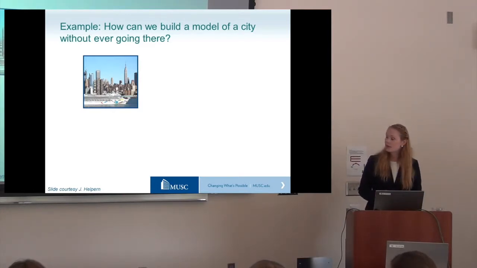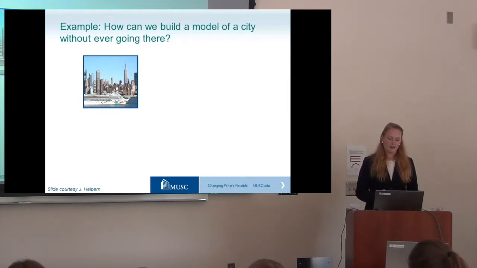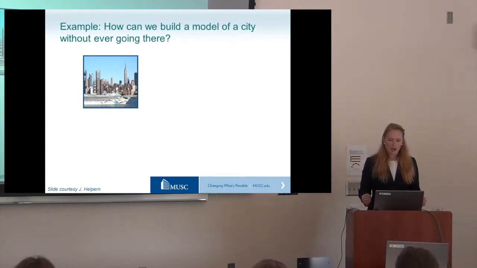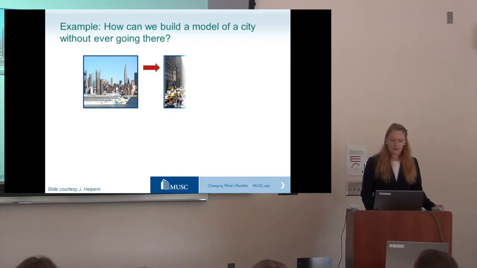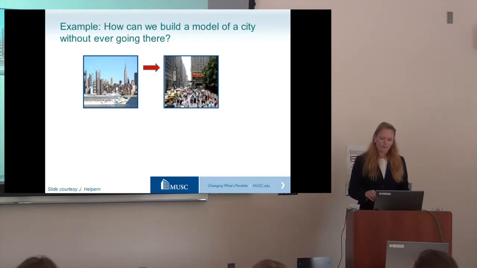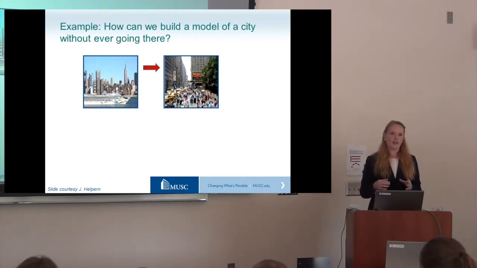This is a picture of, I believe, New York, and imagine you want to know where the buildings are, where the streets are, or how big the streets are, but you don't want to go there and map it all out yourself. Cities are populated by lots of people, especially big cities like this, and we have people walking around everywhere, probing the city for you.